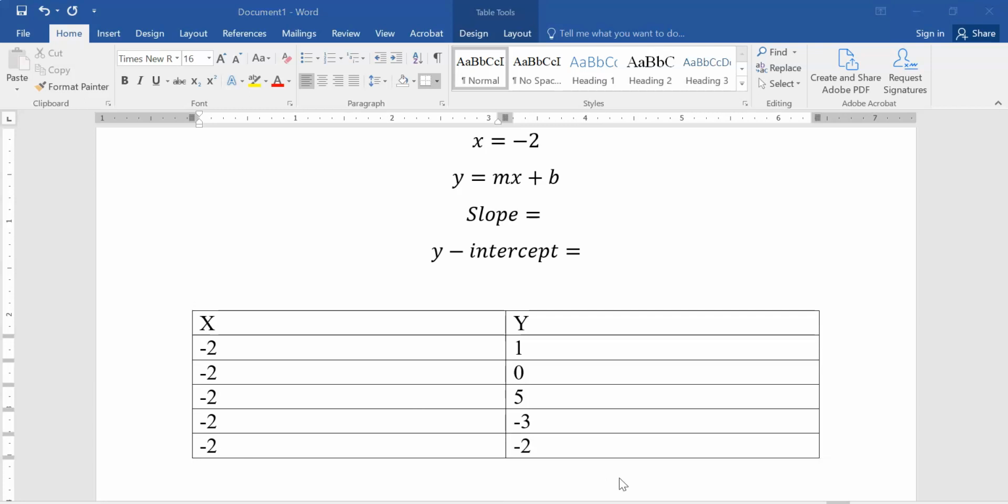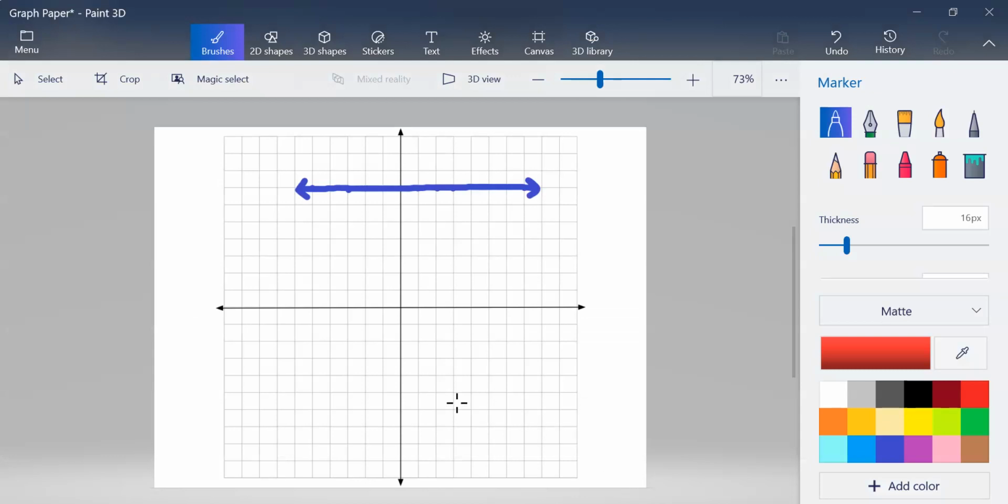So let's go ahead and graph this. And I'm going to graph this on the same graph I graphed the previous y equals 7, just so we can see some of the distinctions here. So x is -2, y can be anything, but what we chose was y is 1, 2, 3.